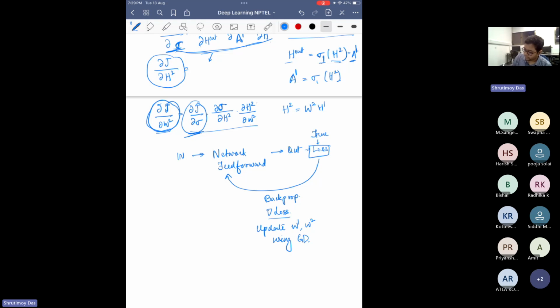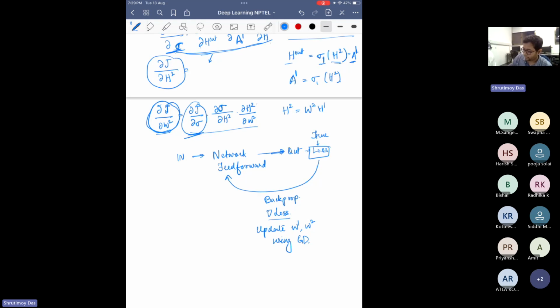Then once you do this update, you will do a feed forward again. Once you do a feed forward, you will get a different loss. Hopefully this loss is less than the previous loss. Again, you will do gradient descent. So you will continue this process of feed forward and back propagation until you are satisfied with the loss.